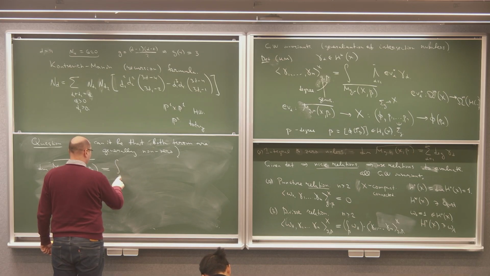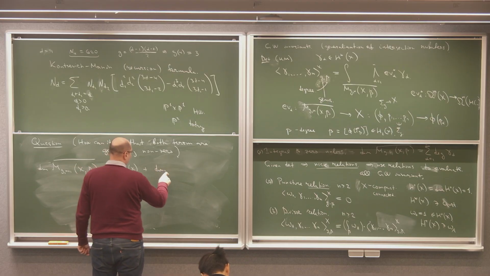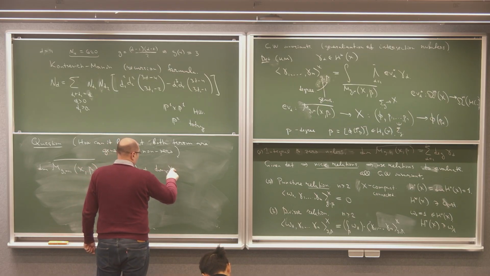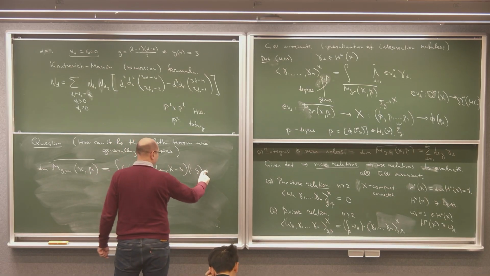Okay, so we need to integrate over β, φ1 of x, and then we need to add this thing, 1 minus g.